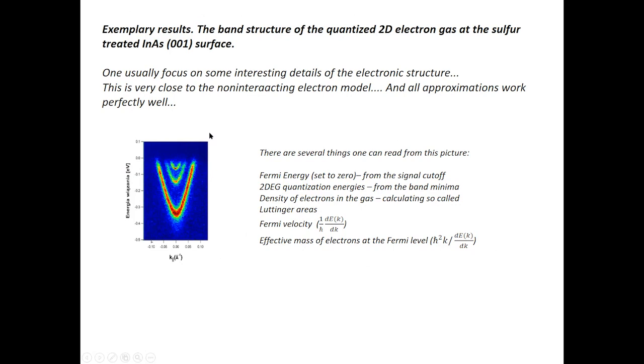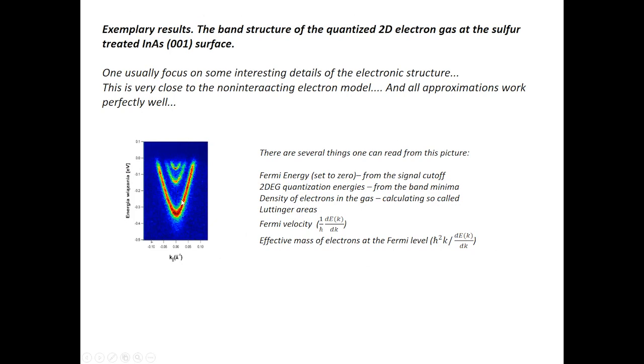This is the electron gas which resides on the surface of our sample. So you see this quite characteristic subband picture.